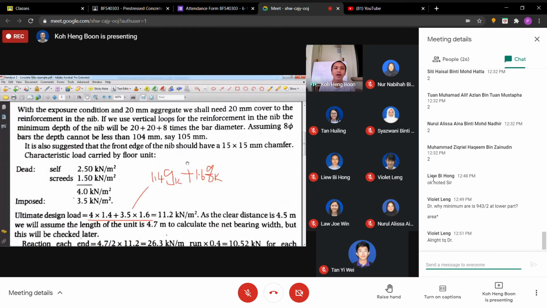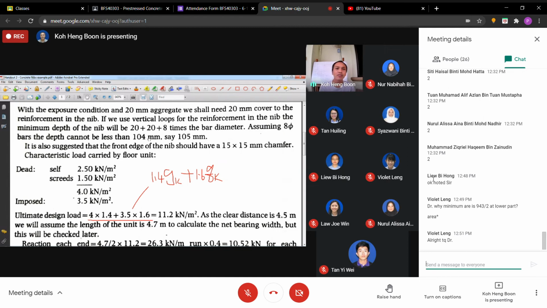The concrete cover is the way to calculate where we need to put the vertical reinforcement in the wall or in the column. If we use vertical loops for the reinforcement in the nibs, the minimum depth of the nib is 20 plus 20 plus 8 times the bar diameter and so on.